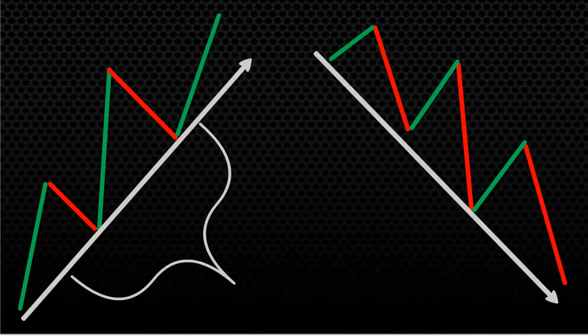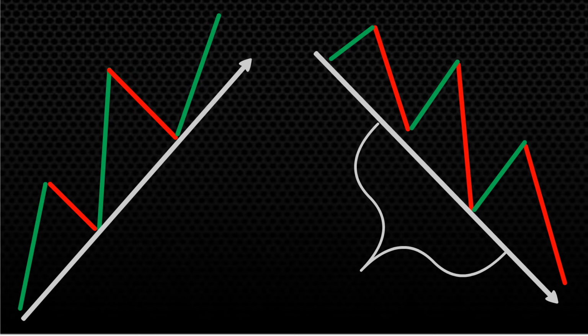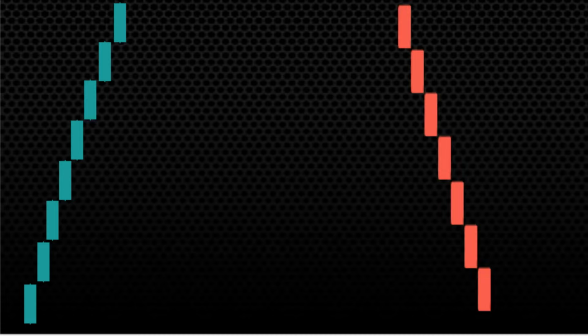The upward direction of price movement is known as the uptrend, while the downward direction is known as the downtrend. It is important to note that the price does not move straight to the upside or straight to the downside. Rather, the price moves in swings.